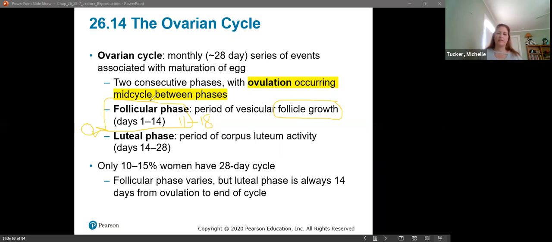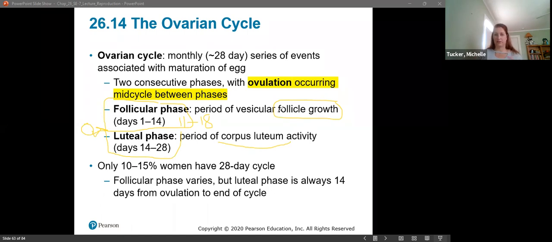So in the follicular phase, the oocyte plus the granulosa cells are maturing. Then ovulation occurs, and then the second phase, third event, is the luteal phase. The luteal phase is when the corpus luteum is secreting hormones. So 3 events, 2 phases.